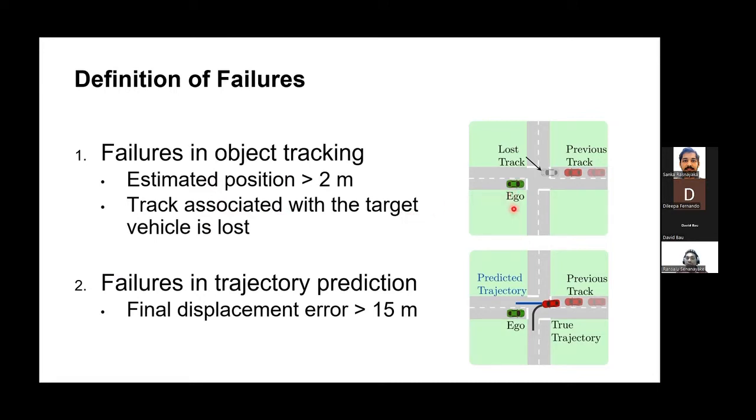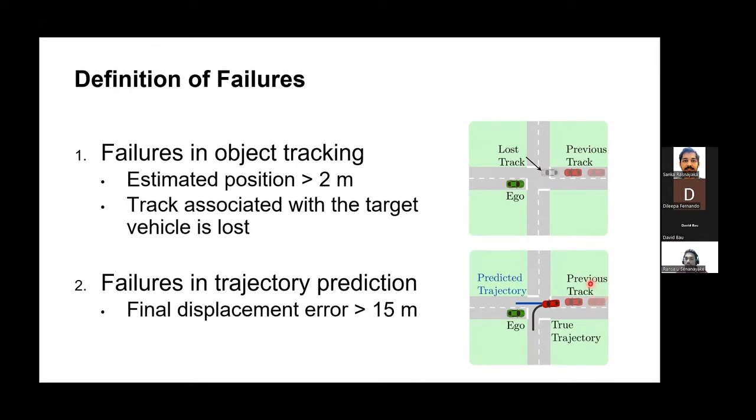This ego vehicle is our vehicle, and say you observe the vehicle for several time steps, and all of a sudden you don't see it. The vehicle is there, but your vision algorithm fails to detect it. That can be defined as a failure. And for trajectory prediction, if the final displacement error is greater than, say, 15 meters, that can be defined as a failure. All these things really depend on the application.